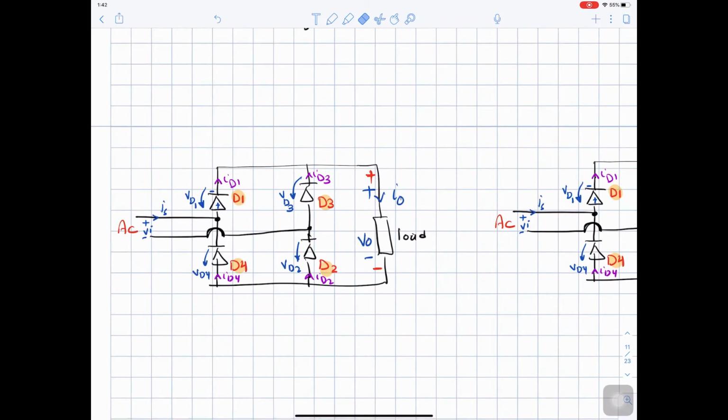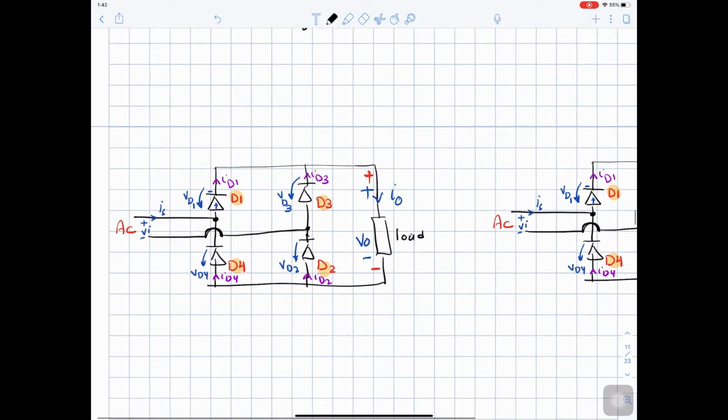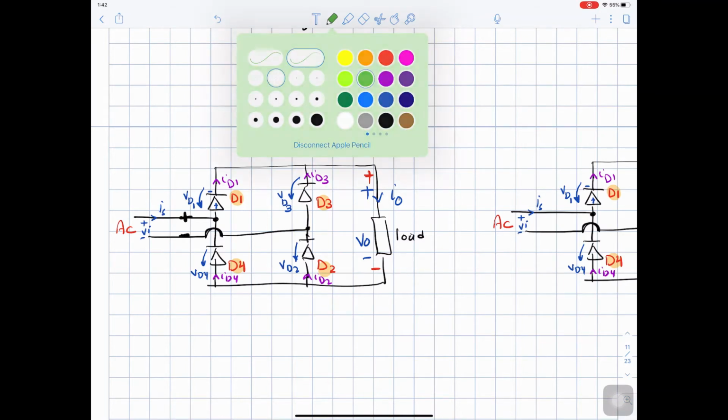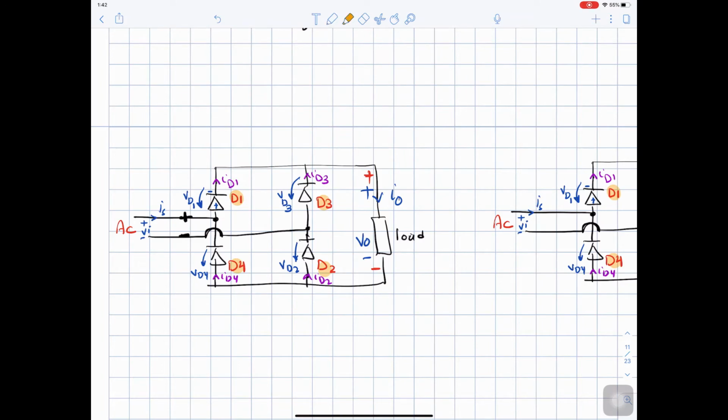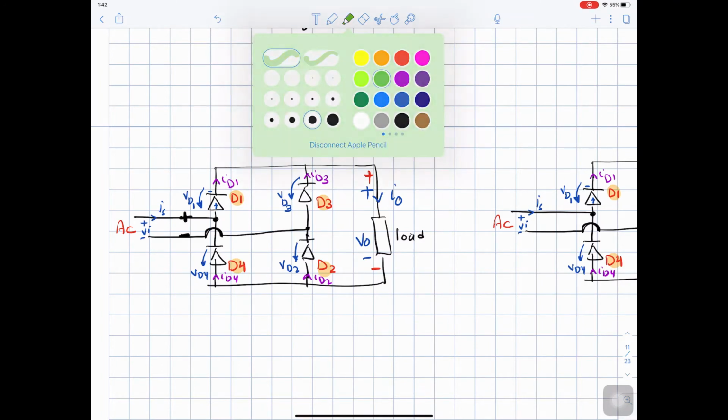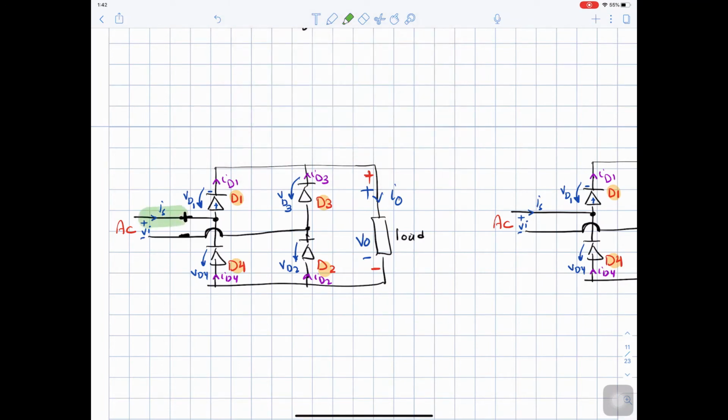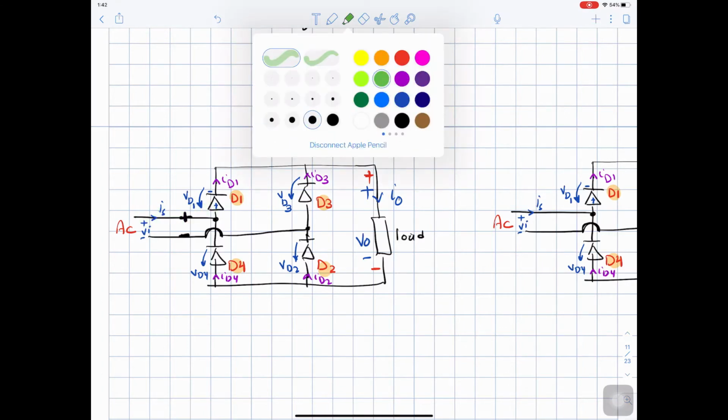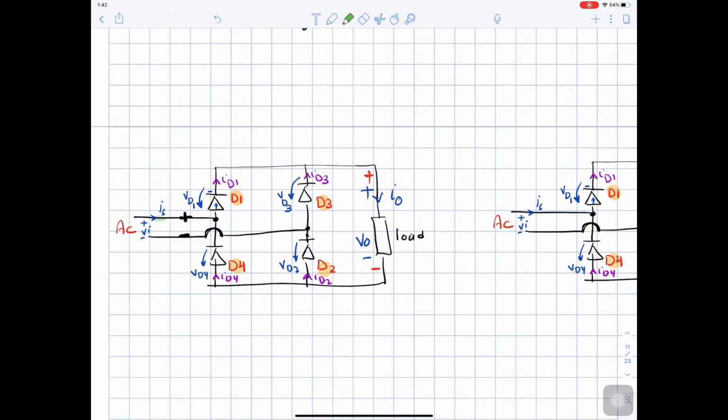So the first case, when the source is positive here, negative here. So let's keep the positive line green and the negative line red. So when the supply is positive, so this point is positive.